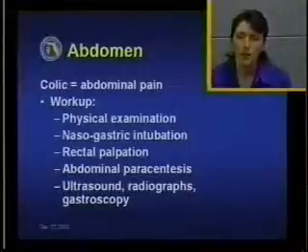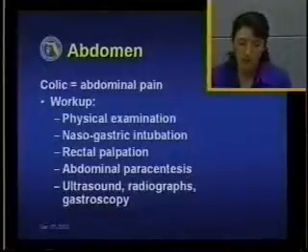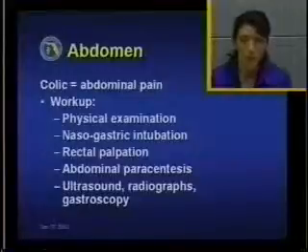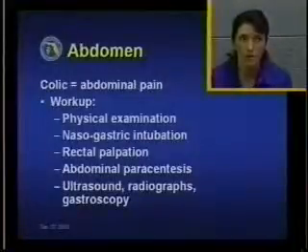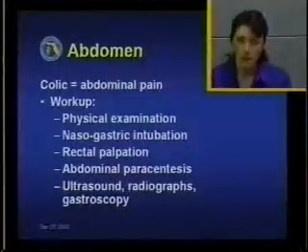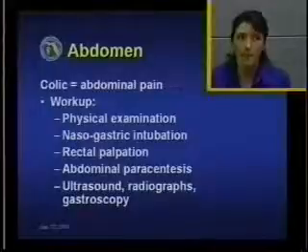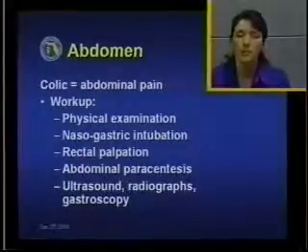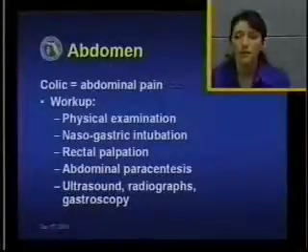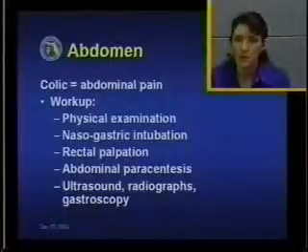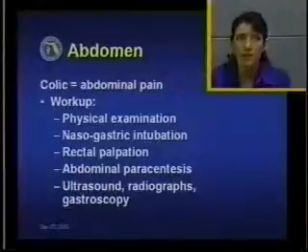The workup of a colic includes a physical examination to try to determine whether this horse needs to be treated medically or surgically. Nasogastric intubation will allow you to detect the presence of buildup of fluid within the stomach. Rectal palpation may help you to determine whether organs are in place or whether they're distended by the presence of feed or gas or fluid.